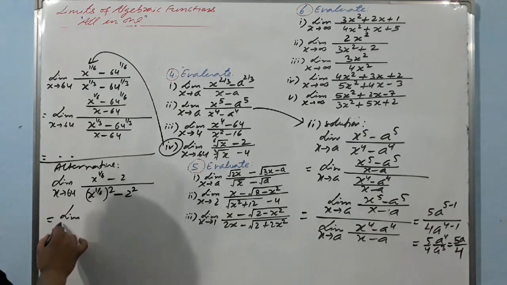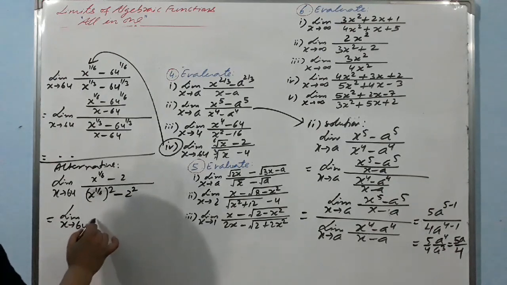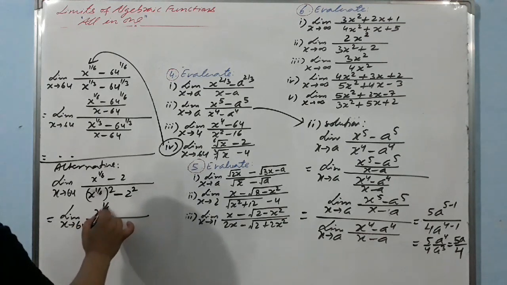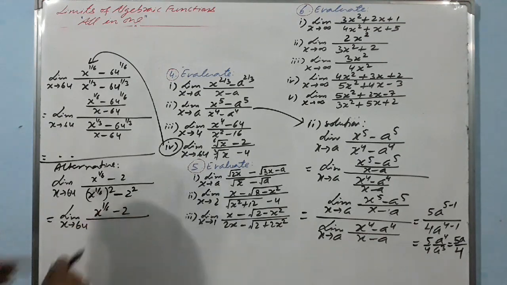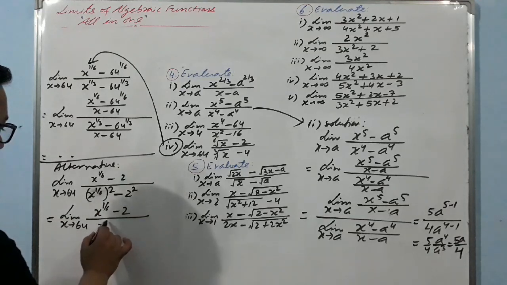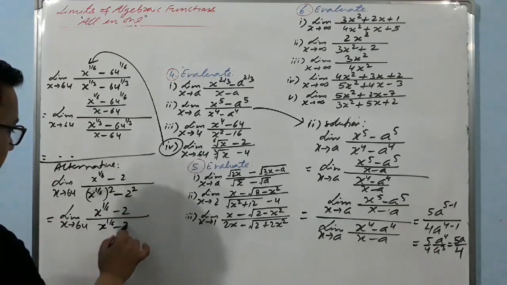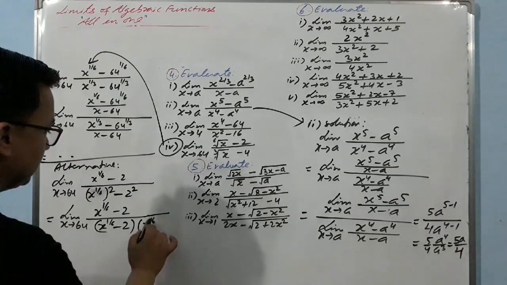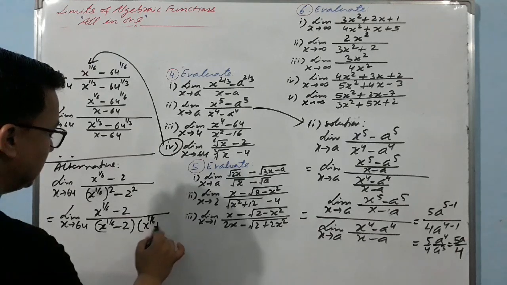to, this is without using the theorem, the shortcut but easy one, x raised to the power 1 by 6 minus 2, and here you can apply the a square minus b square formula, a minus b, and here you may write a plus b.